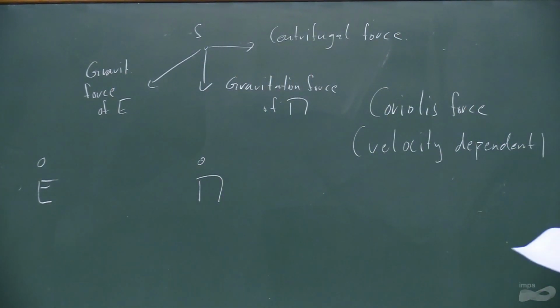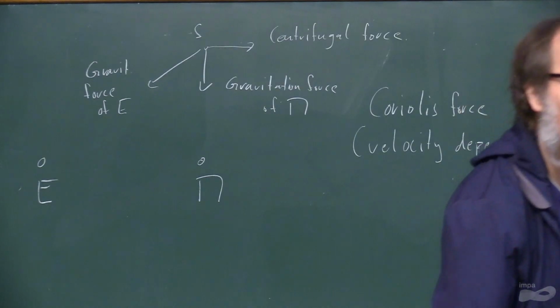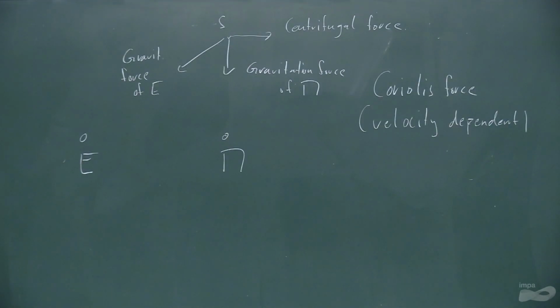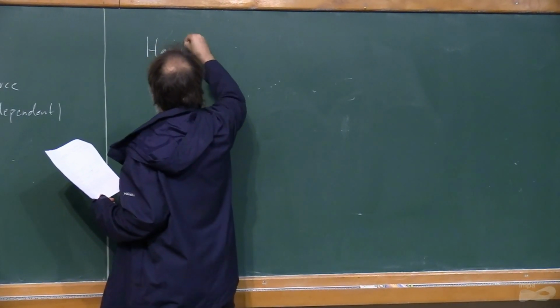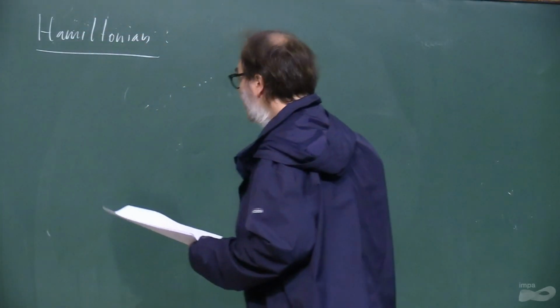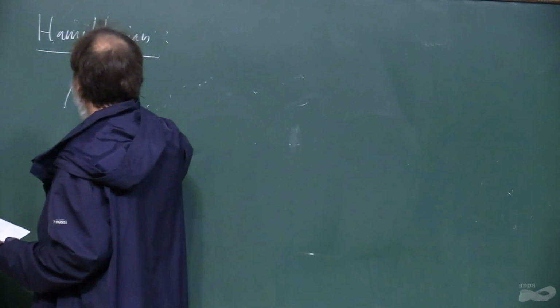So let's write down the Hamiltonian. We have a parameter mu.